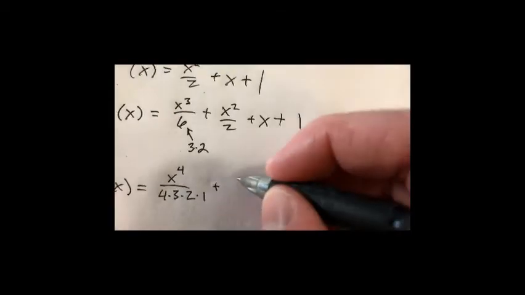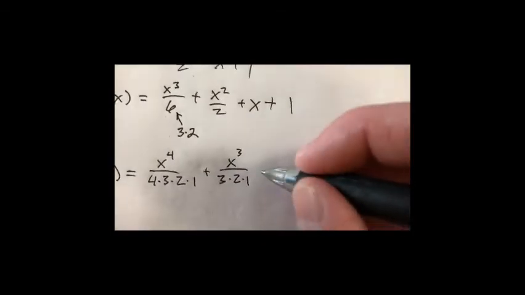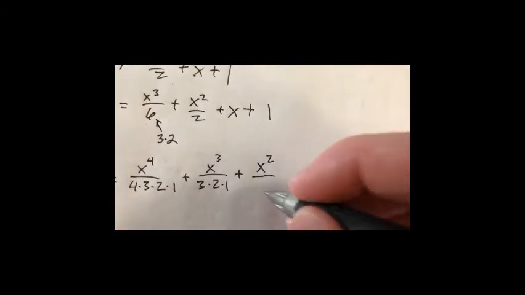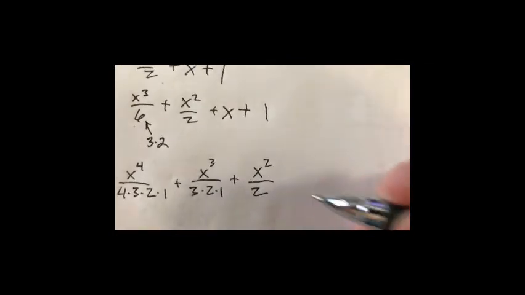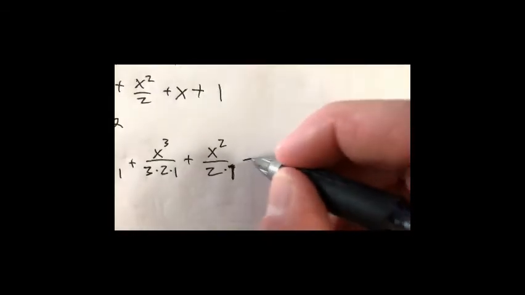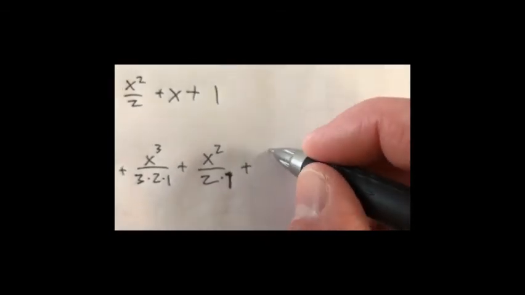The antiderivative of x squared over 2 is x cubed over 3 times 2. I'll add the times 1. Plus x squared, and it's, of course, x squared over 2, but I'm going to call this 2 times 1. Sorry about that. And then the antiderivative of 1 is x to the 1st over 1. And then I've got 1 at the end.